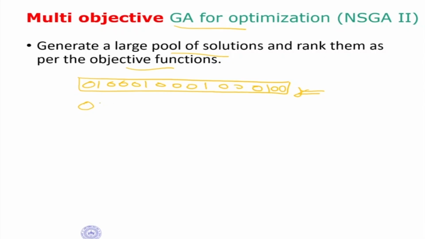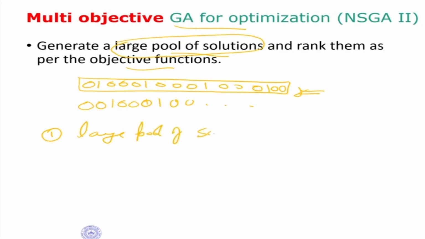What it basically does is change the position of the ones and zeros, so this is 0, this becomes 1 0 0 like that. It can do it randomly, or by using crossover and mutation in a particular way, but it generates a very large pool of solutions. So number 1, a very large pool of solutions is generated.